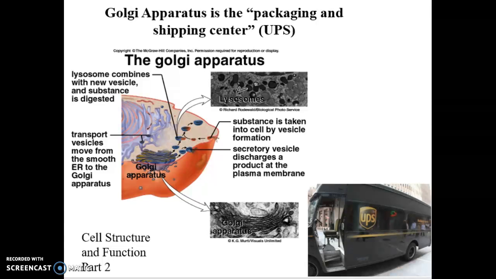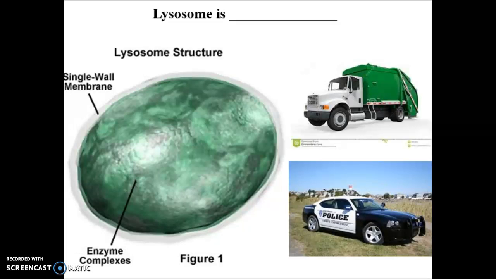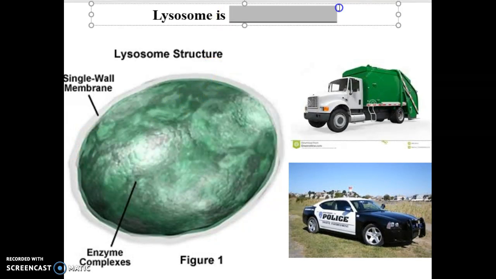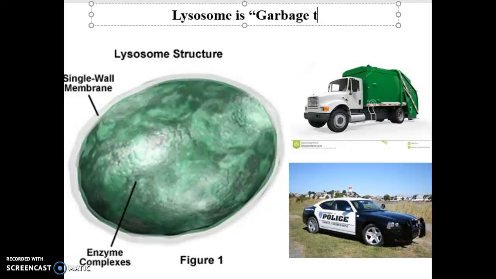Now, once we've created products and we've shipped products and we've sent them around the cell or out of the cell, we have to clean up our garbage. And that's what the lysosome does. The lysosome is considered the garbage truck of the cell. We also want to consider it the police force of the cell.